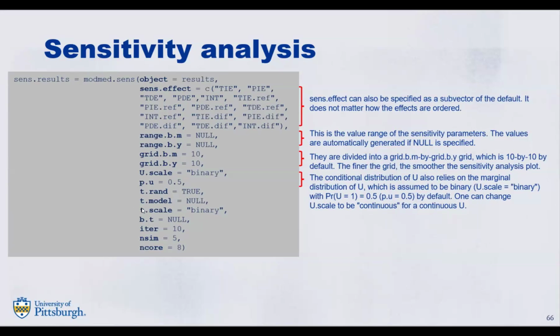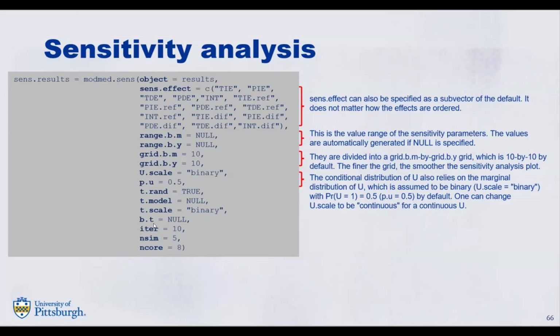I actually have an example in the paper. So if you're particularly interested in how to specify this T dot model, you can check the paper or the R Markdown page that I shared. And this B dot T is the sensitivity parameter that reflects the relationship between the unmeasured confounder and the treatment.